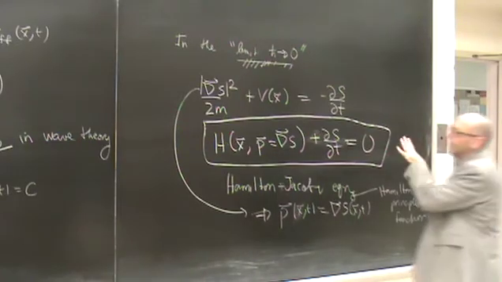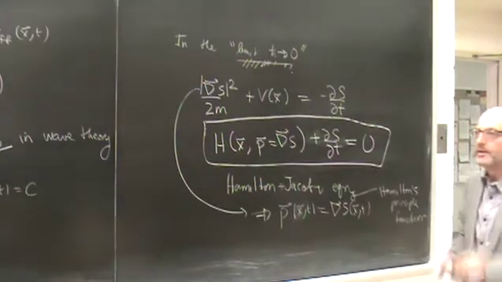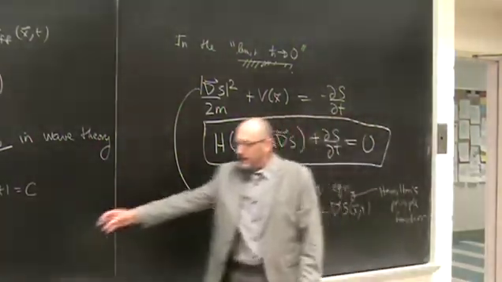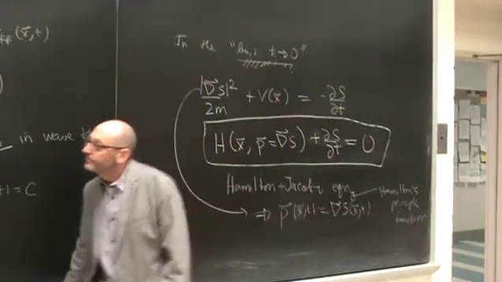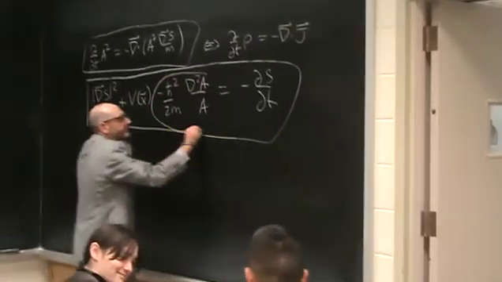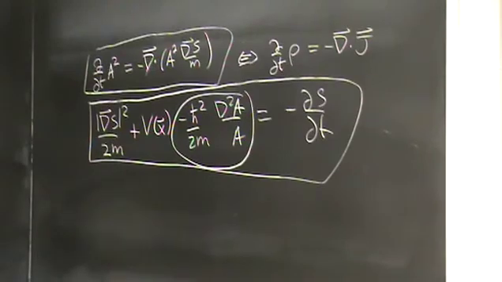Now, what is that limit here? What we really did is that we ignored a term here. So let's go back to that. There's this term here, the term that has h bar in it. And that's the term that we neglected.